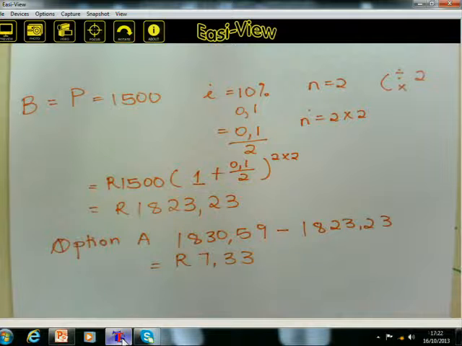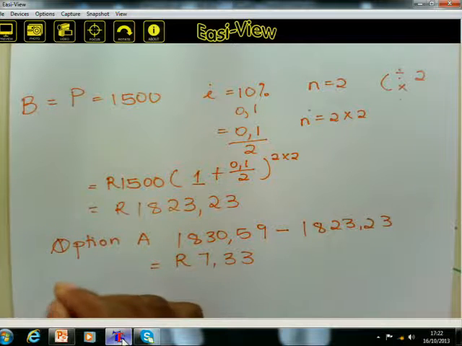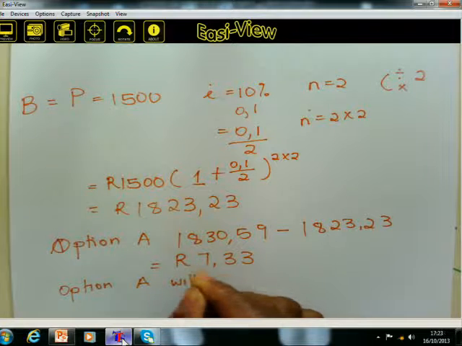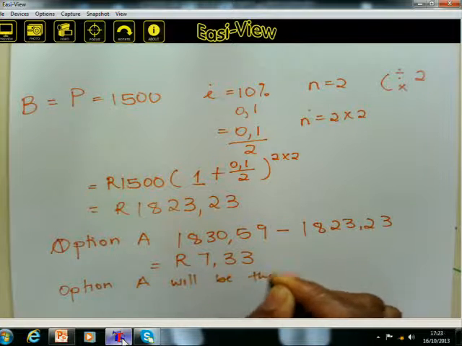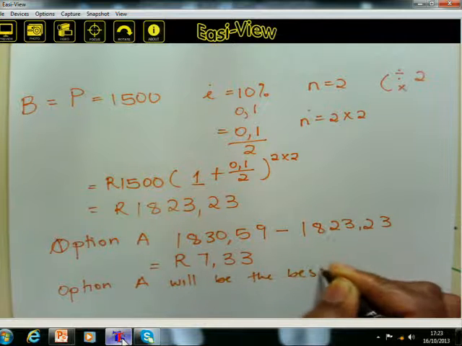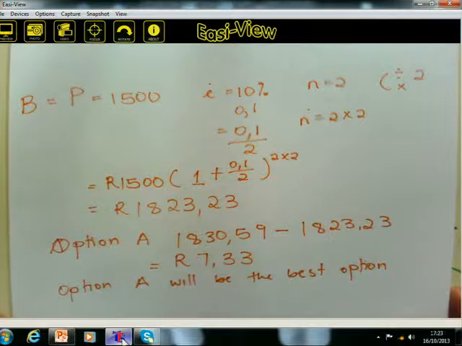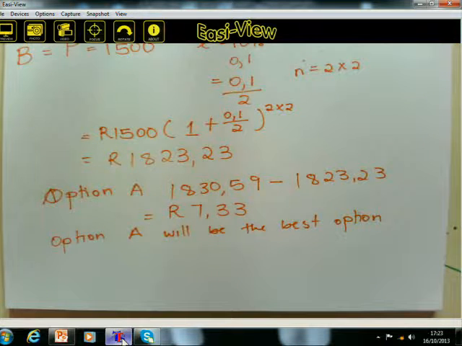So now option A will be the best option, because remember, with 7 rand 33 cents you can buy airtime, you can buy sweets, whatever you want.